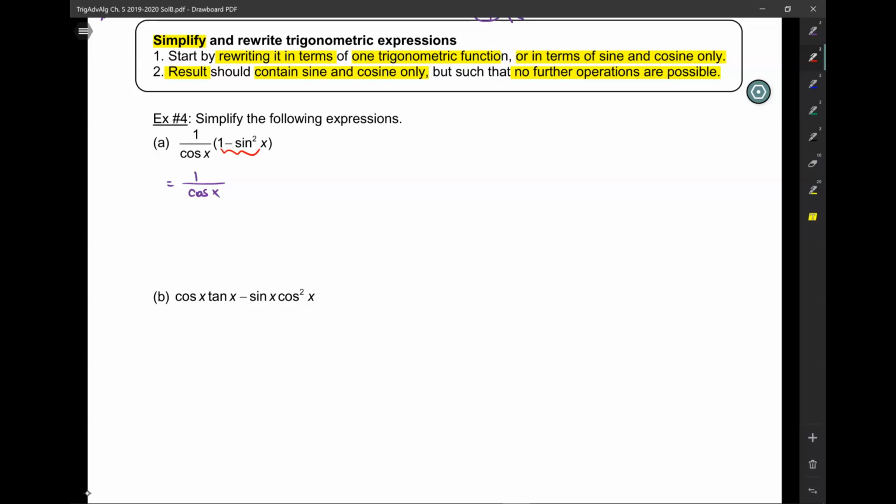I have a 1 in conjunction with a sine or a cosine, a trig function squared, right? 1 with a trig function squared. When you have that combination, you have to immediately think of the Pythagorean identity.